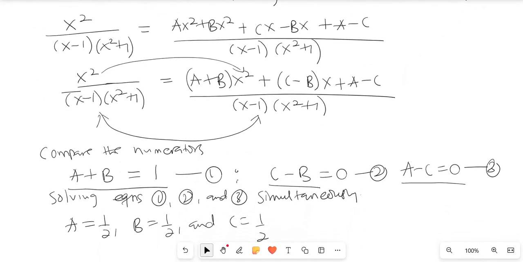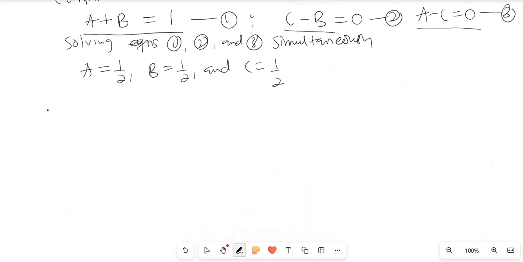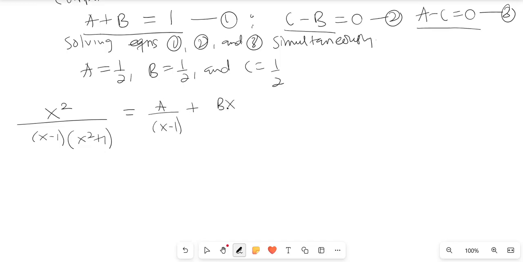Our equation: x squared over x minus 1 times x squared plus 1 is equal to A over x minus 1 plus Bx plus C over x squared plus 1. That can be simplified as A is 1/2, B is 1/2, C is 1/2.